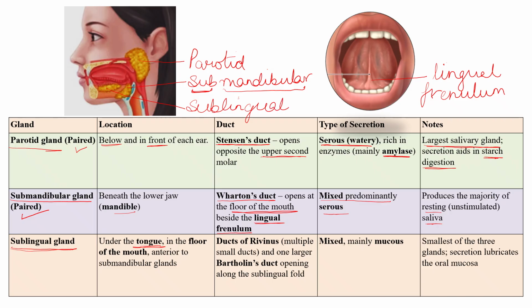And it is on the floor of the mouth and via ducts of Rivinus, which are multiple small ducts, and one large Bartholin's duct, it opens along the sublingual fold. It is mixed and mainly mucus, the smallest of the three glands, and it lubricates the oral mucosa.